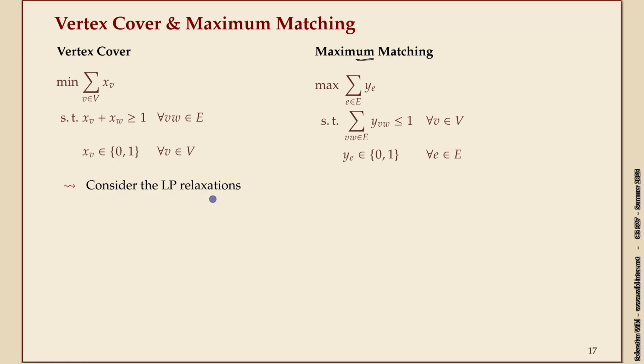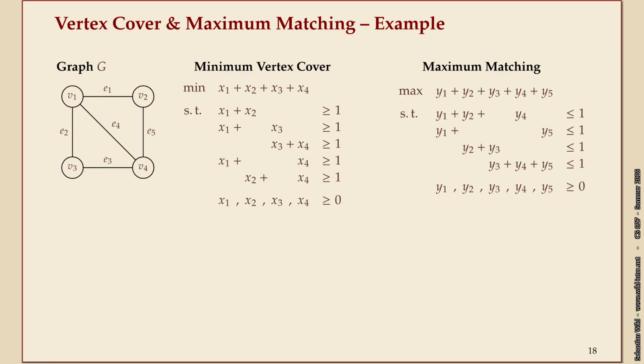Now, if we look at their LP relaxations, we see that they're duals of each other. And here's a concrete example to make the structure extremely visible. It's a small graph with 4 vertices, 5 edges. The problem for minimum vertex cover, the LP can be written like this. For each edge, you have a constraint, which says one of the endpoints has to be picked.